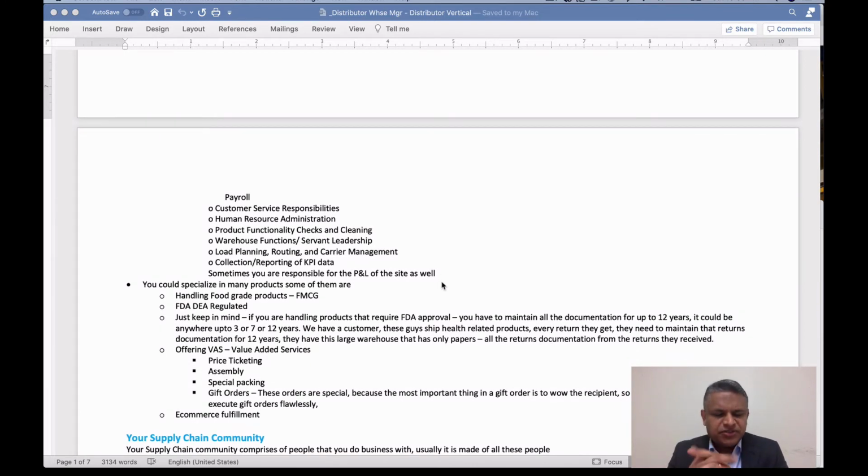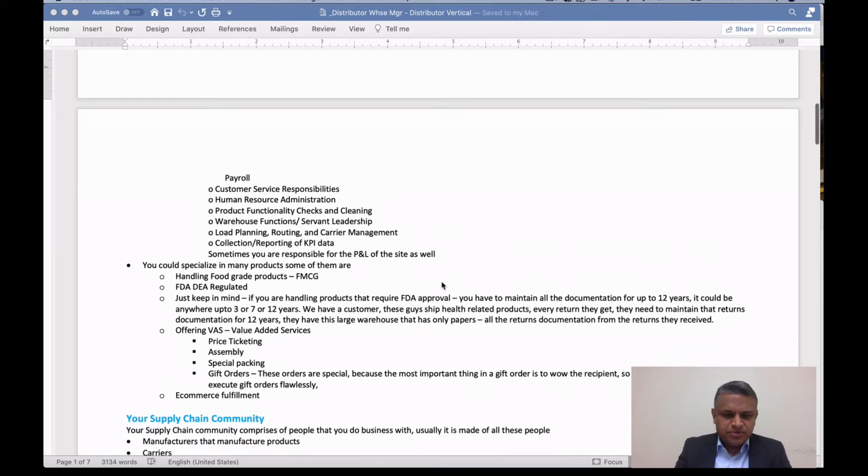Human resources administration, product functionality checks and cleaning if needed, warehousing functions, making sure the warehouse runs, all the systems are in place, all the processes are in place, servant leadership, inspiring people, load planning, routing, carrier management, etc. And collection and reporting of the KPI data, key performance indicators that measure how well you're running the facility and so forth, right? And sometimes responsibility for the P&L of the site as well.